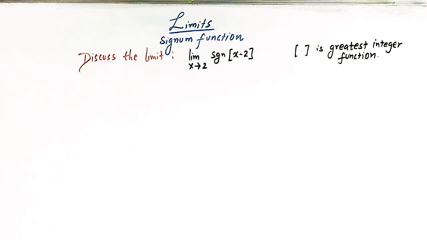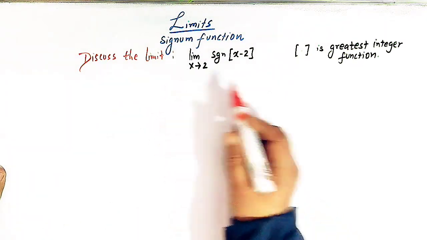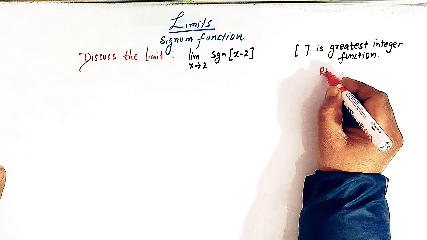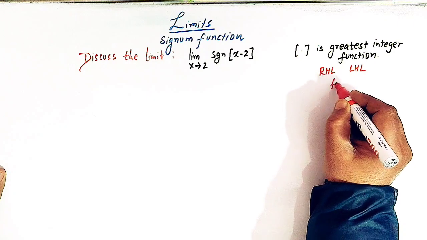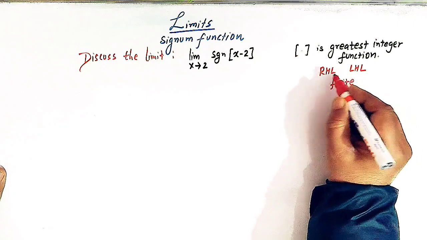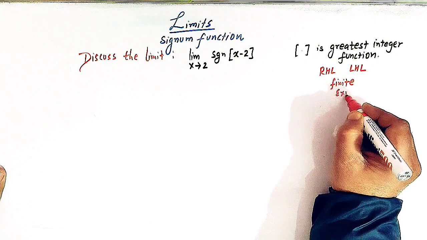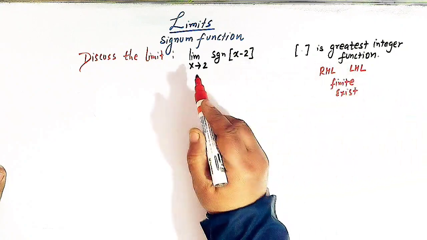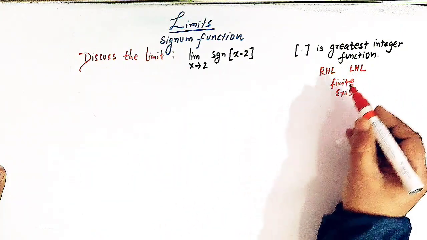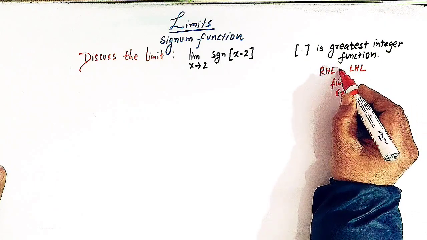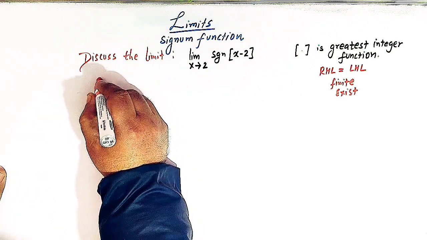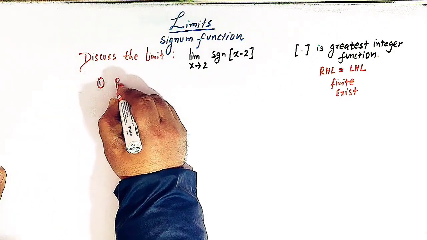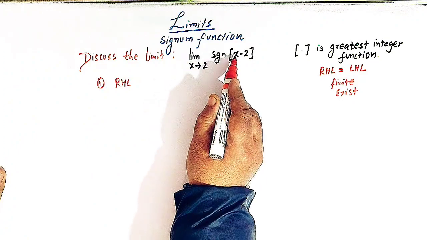So now we know that for the existence of limit of a function at a given point, both the right hand limit and the left hand limit should be finite, and both these limits should exist, right? And moreover, if the limit of the function is to exist, then both these limits should be equal to each other, right? So first we'll find out the right hand limit of this function.